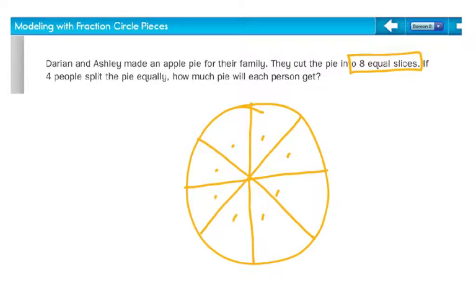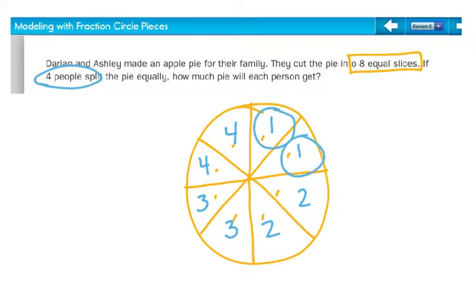So if we're splitting it among 4 people, person 1 gets 2 slices, person 2, person 3, person 4. Go ahead and number those on your pie. So person number 1, if we're just looking at how much pie each person will get, that person will get 2 out of 8. That's how we would read a fraction. 2/8, or 2 out of 8 slices.